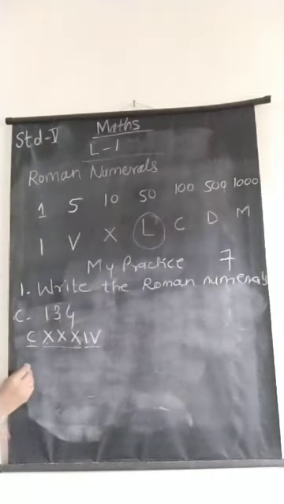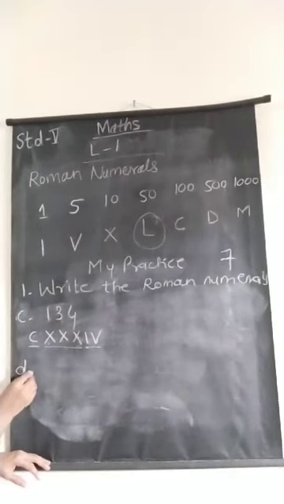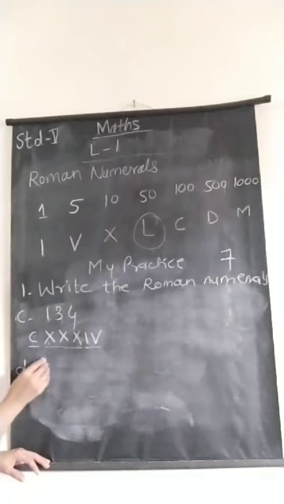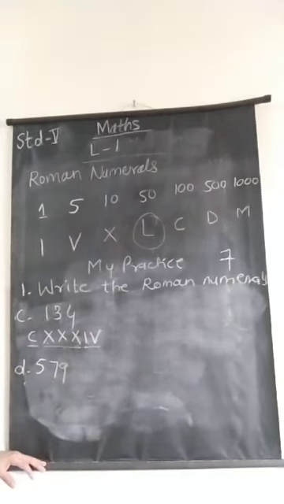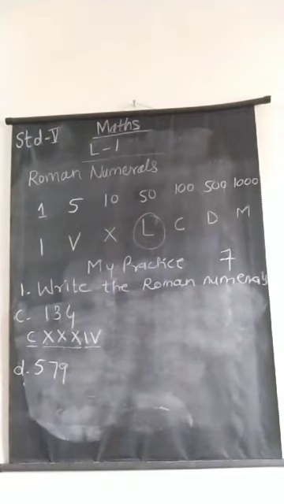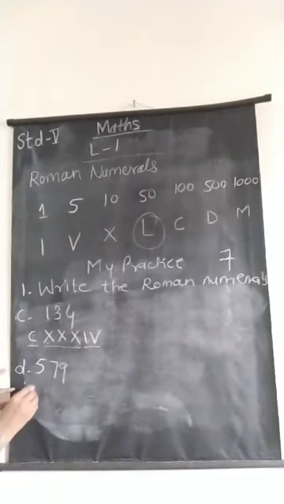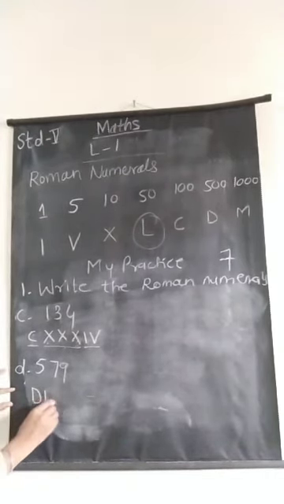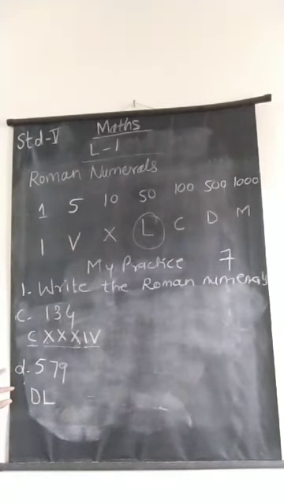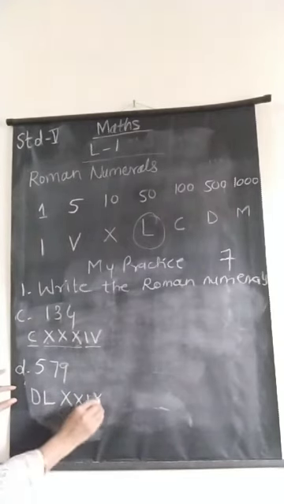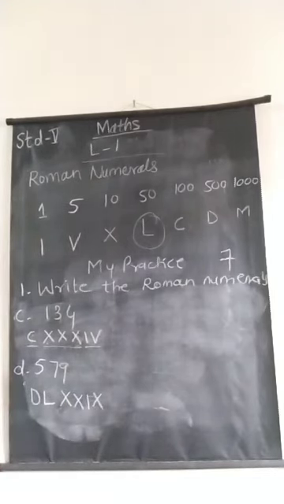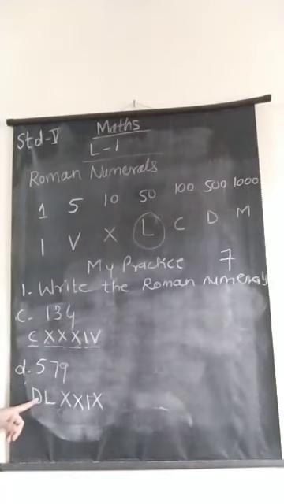Now let's take one more, D. It is 579. So 579 is written as DLXXIX. How are we writing this? D stands for 500, L stands for 50.